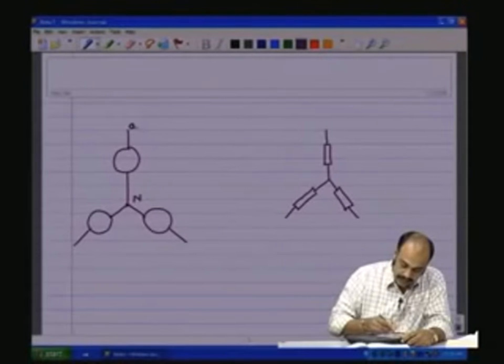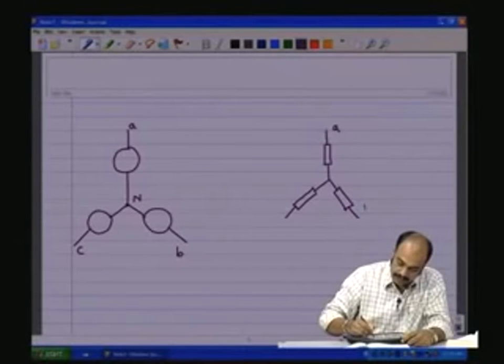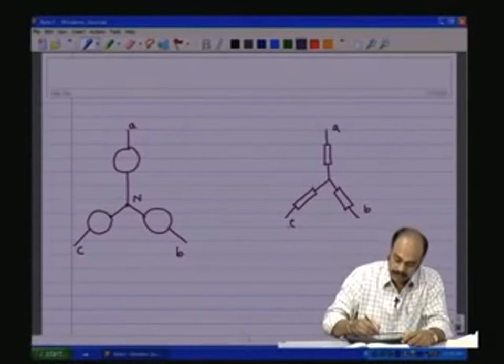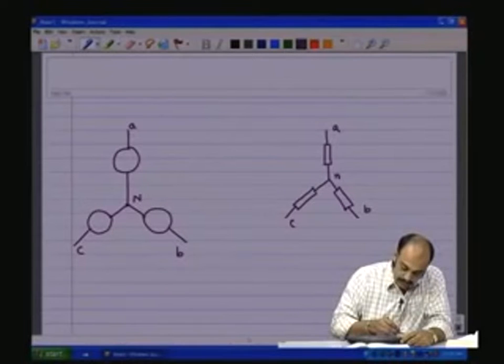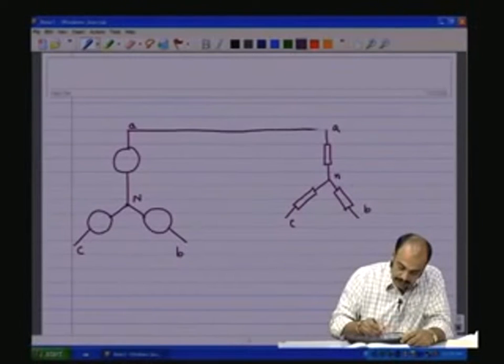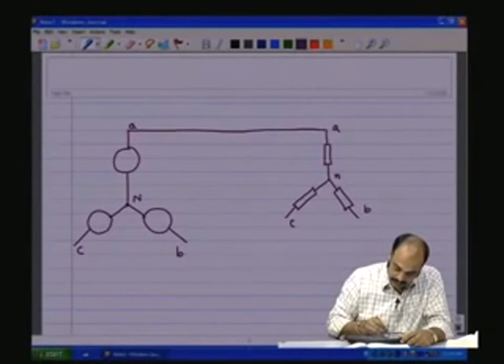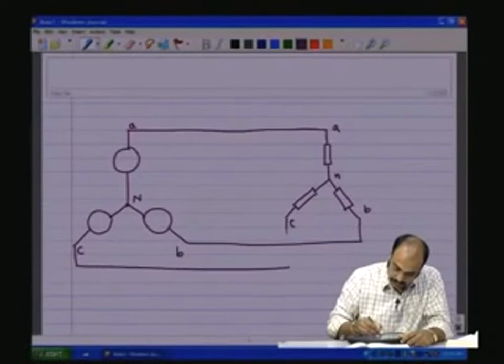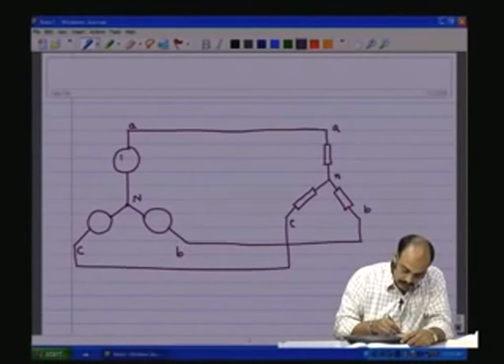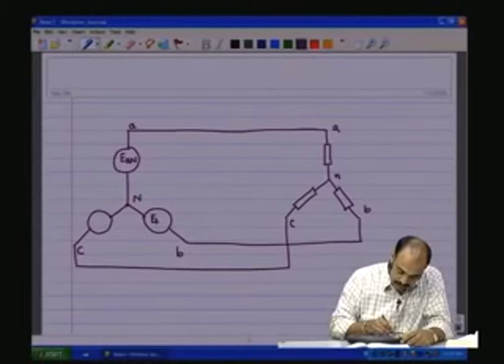Let us say this is A, B and C, and this is also A, B and C, and there is a neutral point N. We connect A to A of the source and load, B to B, and C to C. This is EAN, EBN, ECN.